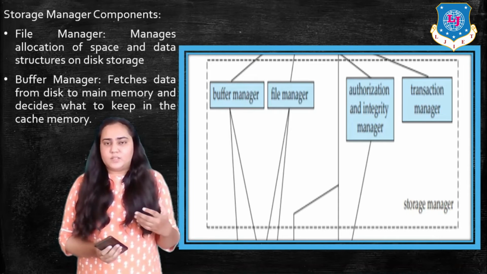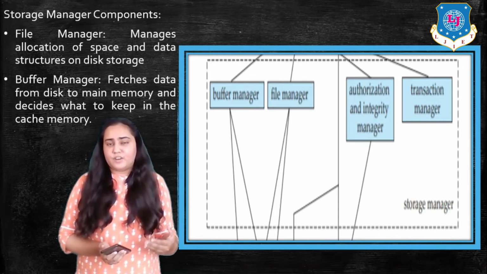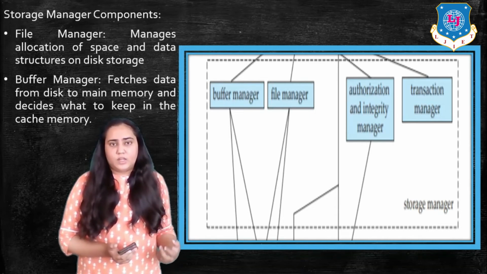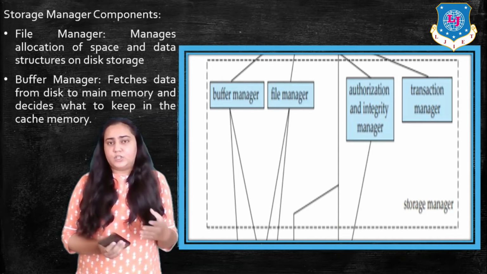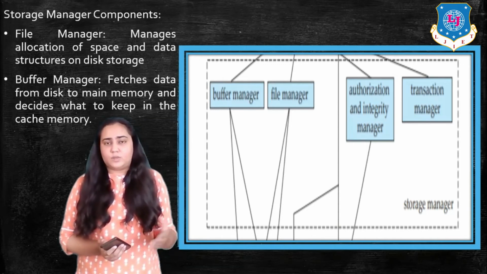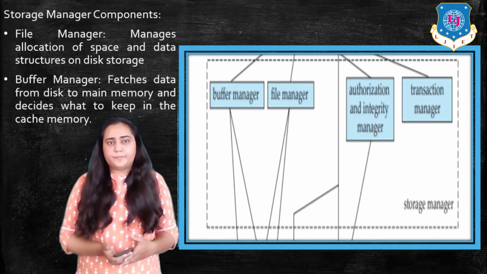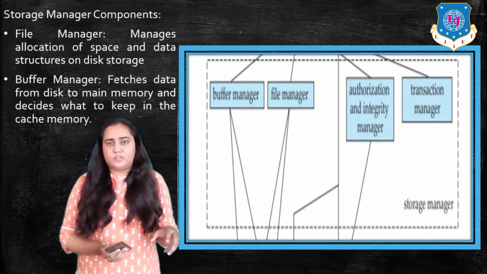When the system knows that you're going to access this type of data very frequently, then it tries to keep that in the cache memory so that you don't have to take a long time to get that data since you require it on a daily basis. So the buffer manager does all these jobs.